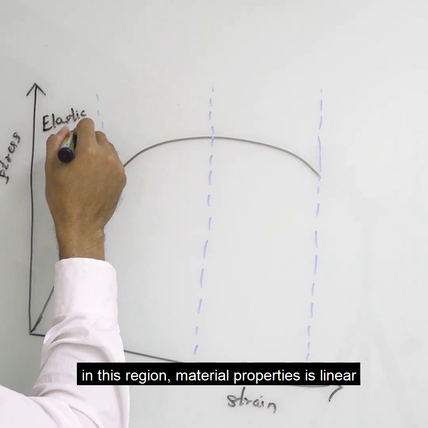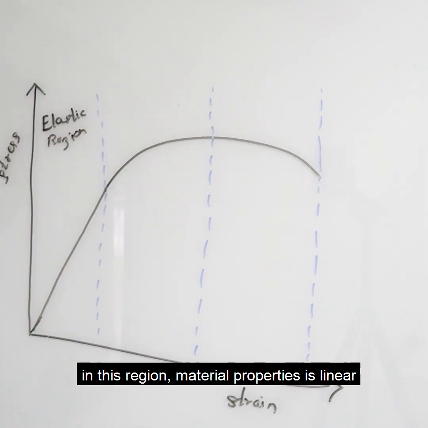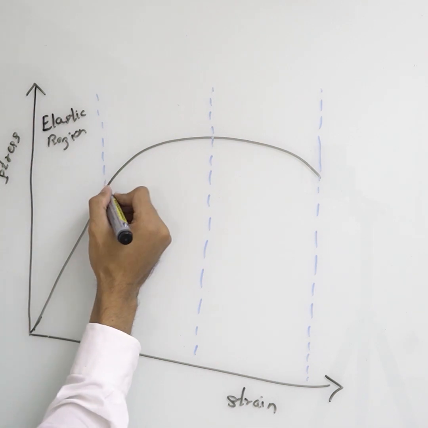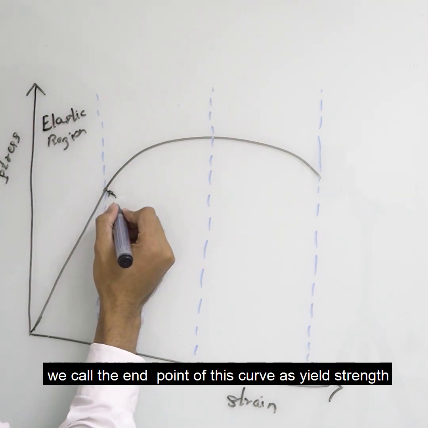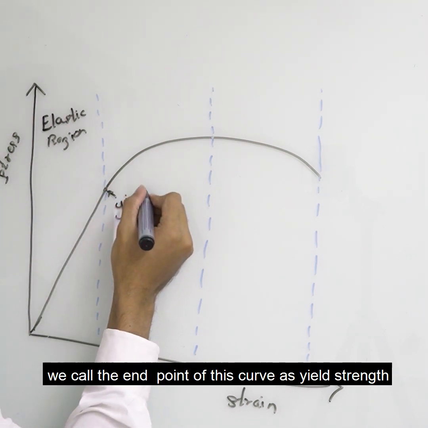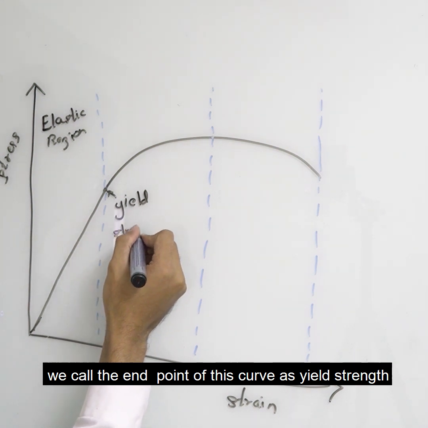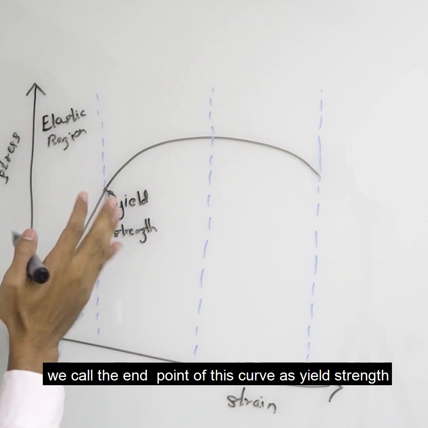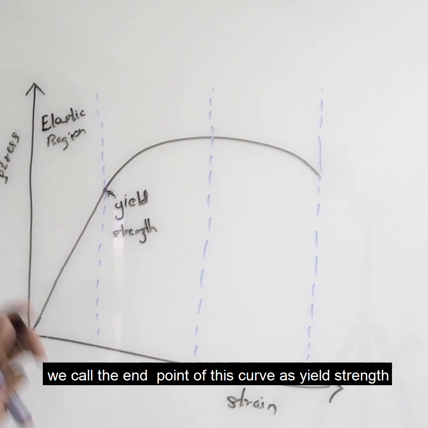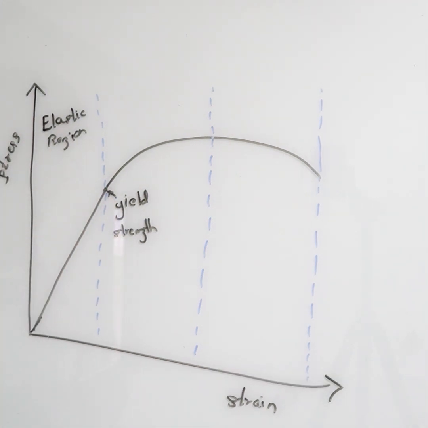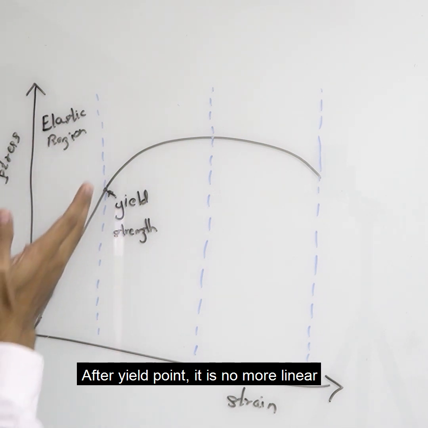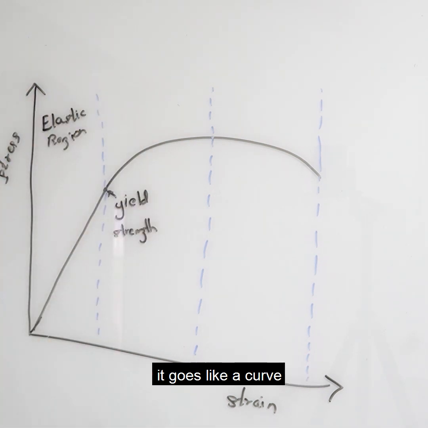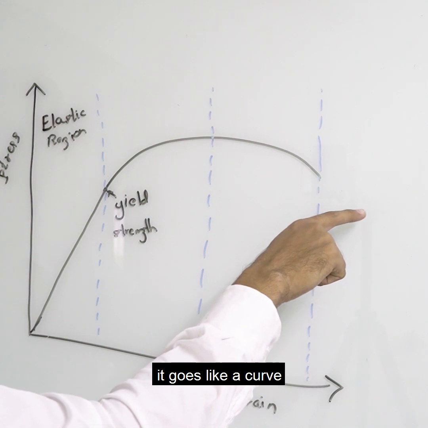In this region, the material property is very linear. The end of this linear part of the curve, we call the yield point. After the yield point, the material is no more linear, so it becomes a curve.